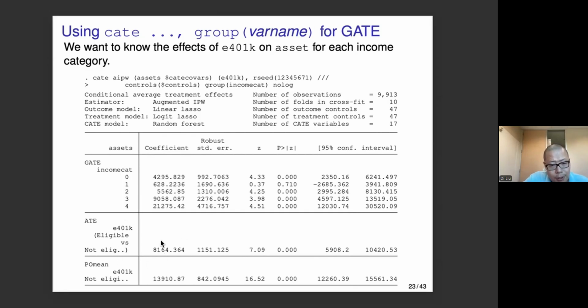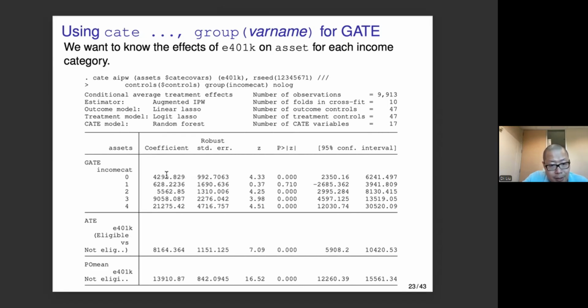In the output, in addition to the ATE and PO means, we also have estimates of the average treatment effect at each group level. For example, this number 21,275 is the treatment effect for people belonging to income group 4, which is the high income group.